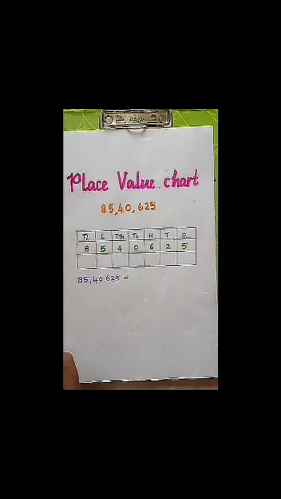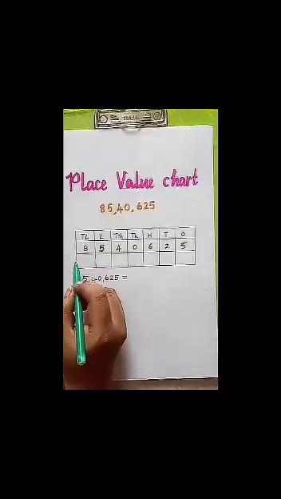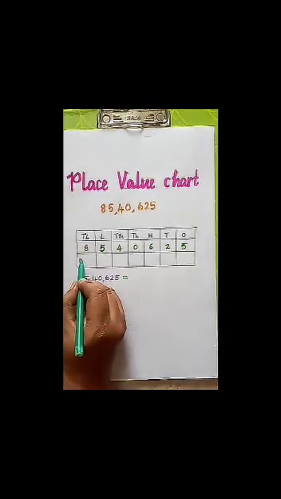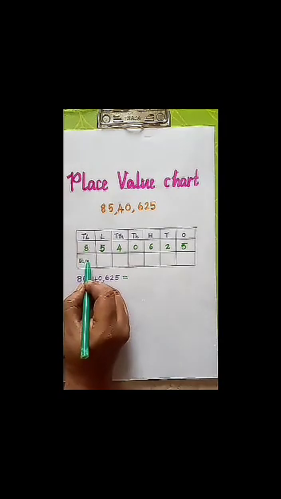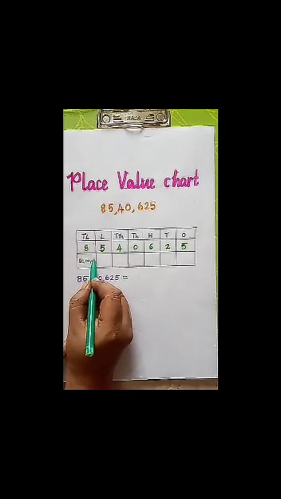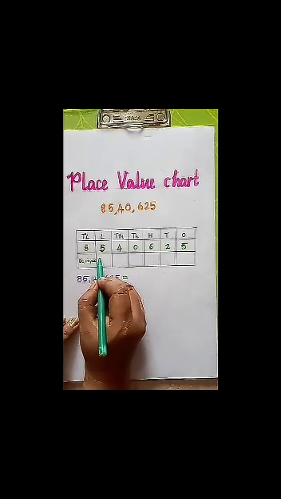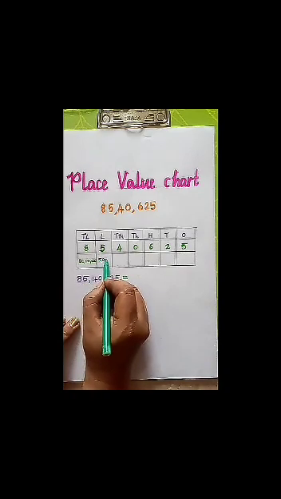Step 2. We find the place value of each digit. The place value of 8 is 80 lakh. The place value of 5 is 5 lakh.